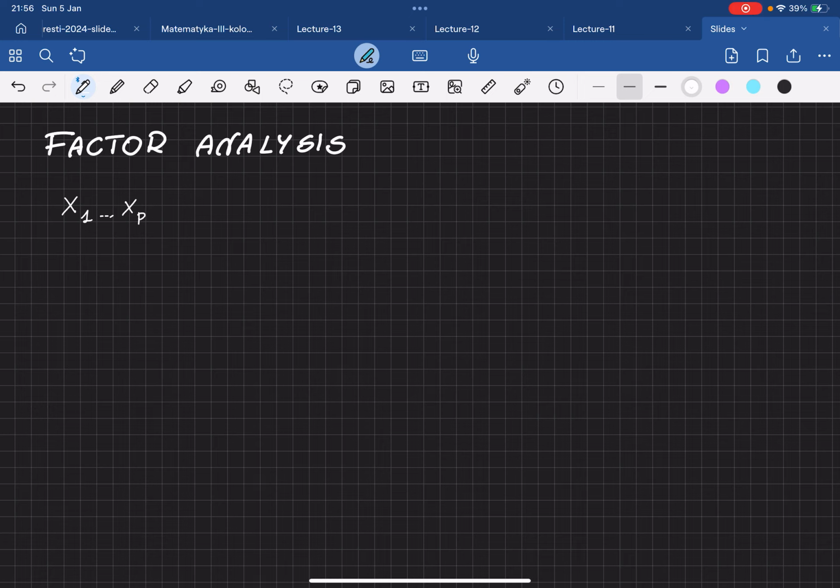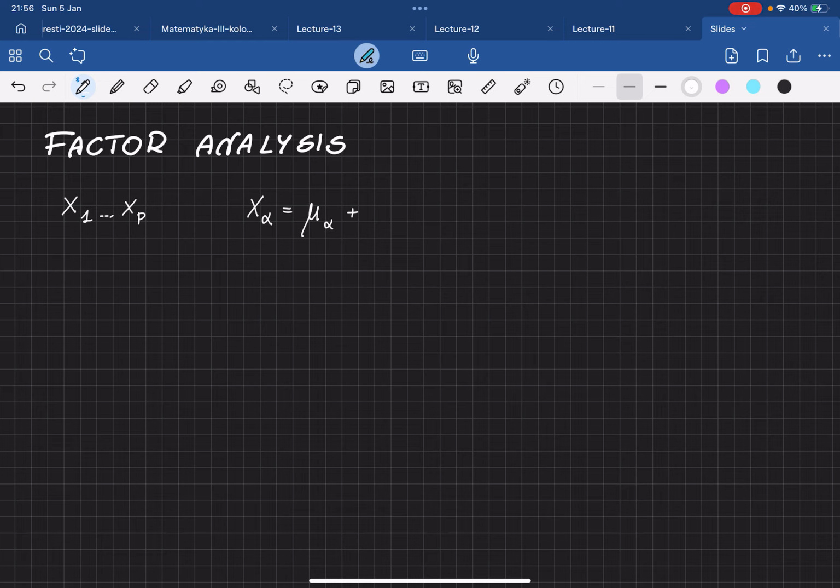And our model says the following. Each of the variables is composed of some parts. First is a number, as we will see in a moment. This is the expectation value of the variable, but just a number, one number for each variable.